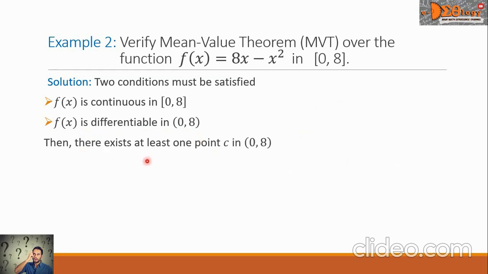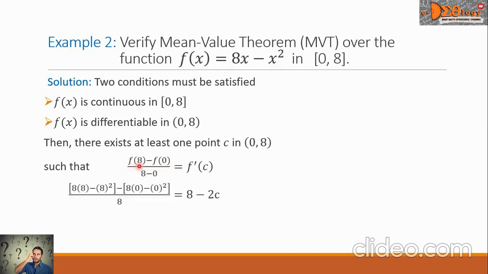Then there exists at least one point c in the open interval from 0 to 8 such that f of 8 minus f of 0 all over 8 minus 0 is equal to f prime of c. Let us evaluate our function here with respect to 8 and 0. So the f of 8 is 8 times 8 minus 8 squared.